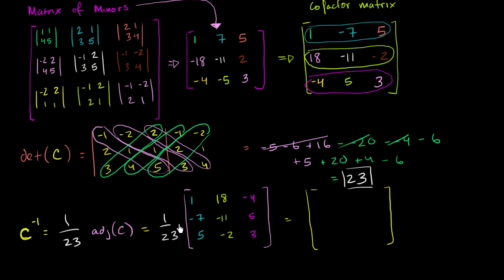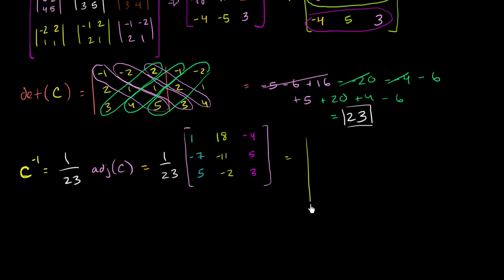1 divided by 23 is just 1/23. Then you have 18/23. Actually, let me give myself a little bit more real estate to do this in. So there we go.